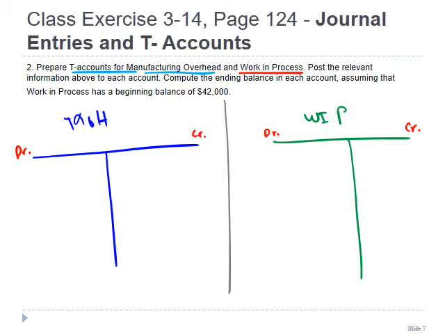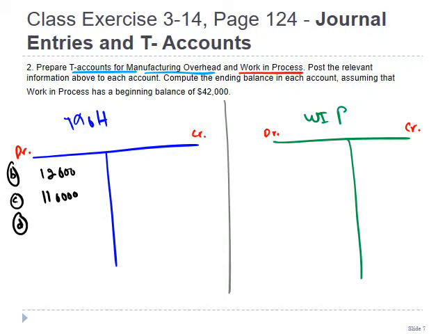So let's post the entries here. We have to go to the previous slides, and we know that from entry B, manufacturing overhead is debited by 12,000. From C, it is also debited by 110,000.